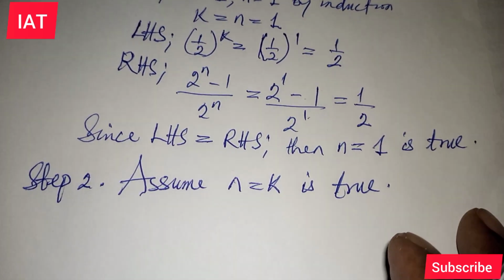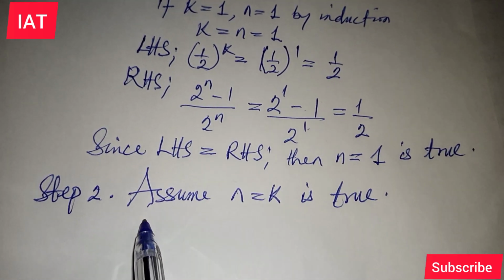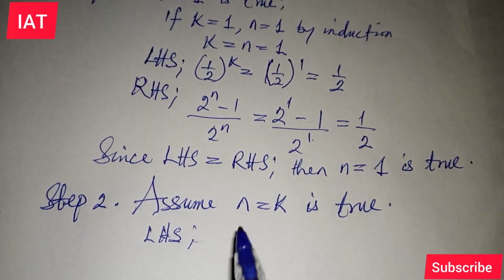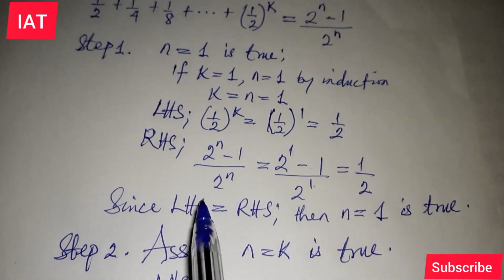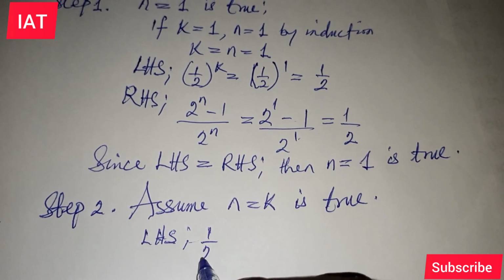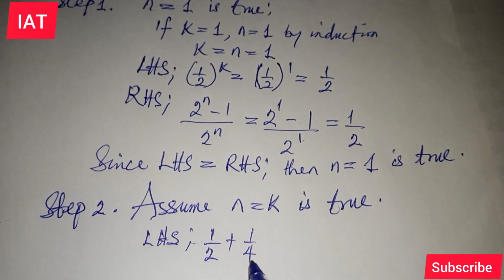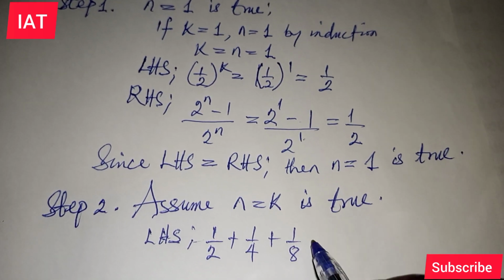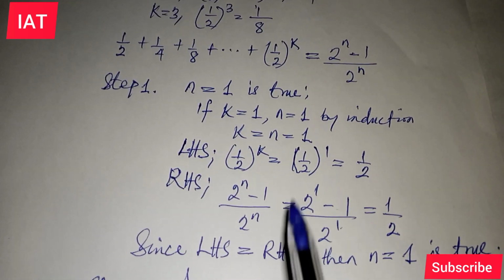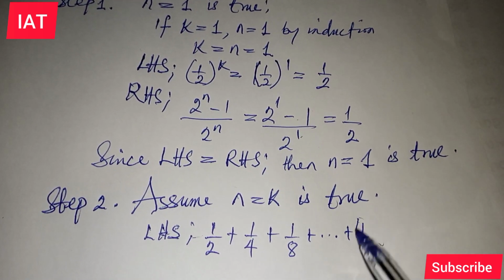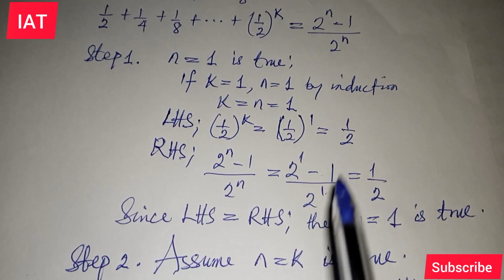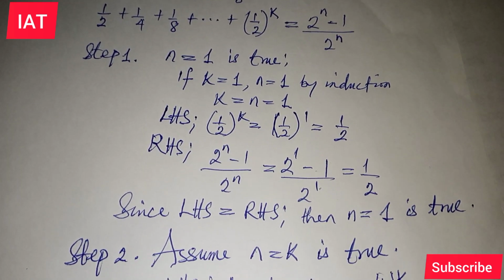In this case, from the left hand side, we will have this statement: 1 over 2 plus 1 over 4 plus 1 over 8 plus up to 1 over 2 to the power of k. Of course, what we have there is k, so there's no point in changing it or making it double k. k is already there.